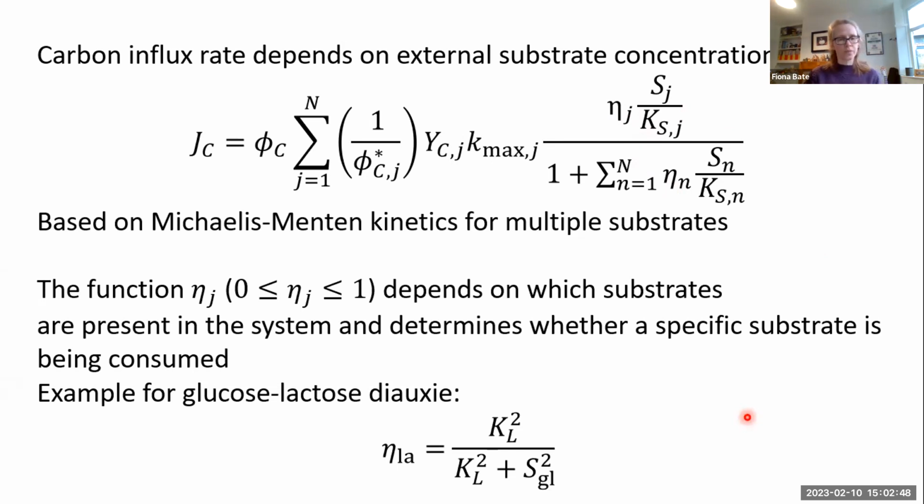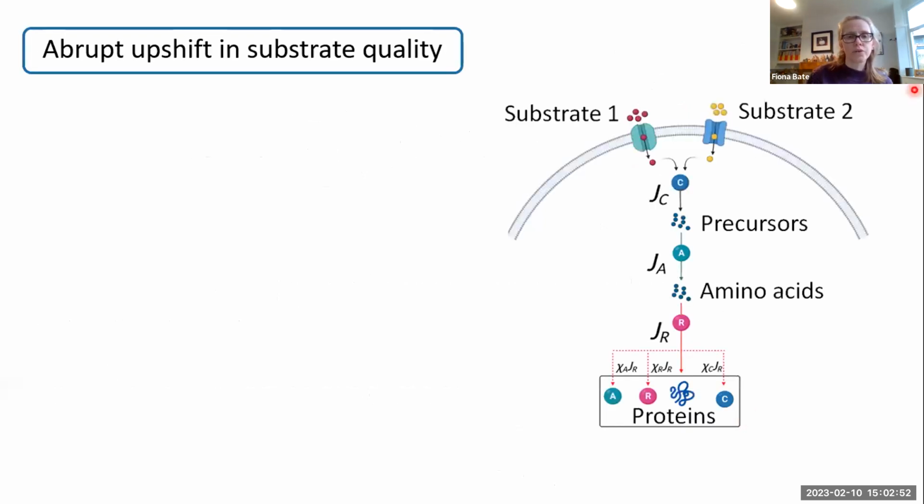Okay, so now we want to know how a change in the substrate quality is going to affect the microorganism. So that's the main aim of this model. So say we have an abrupt upshift in the substrate quality, we've suddenly got a substrate that is going to give you a higher growth rate. What is going to happen?